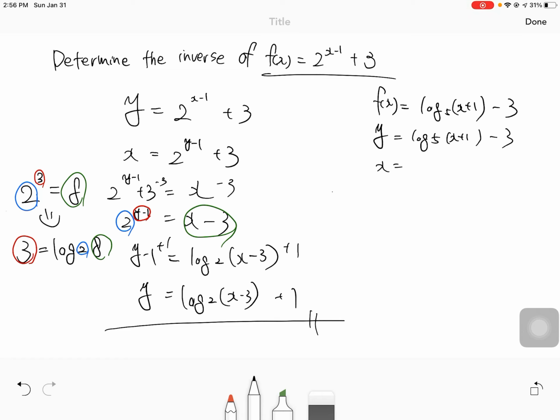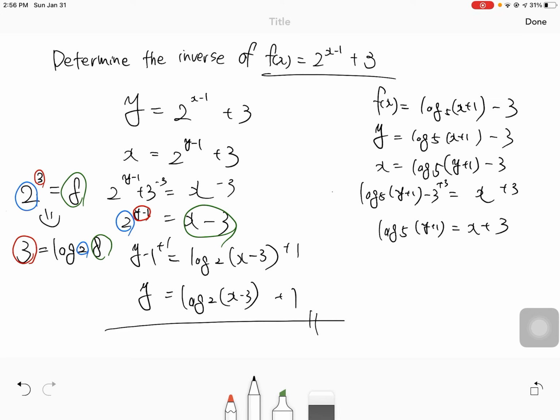So x is equivalent to log base 5 of y plus 1, minus 3. Next you need to isolate y. So log base 5 of y plus 1, minus 3 is equivalent to x, and then plus 3 for both sides. Log base 5 of y plus 1 is equivalent to x plus 3.